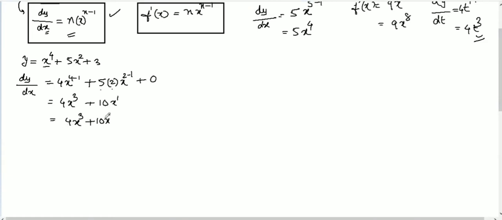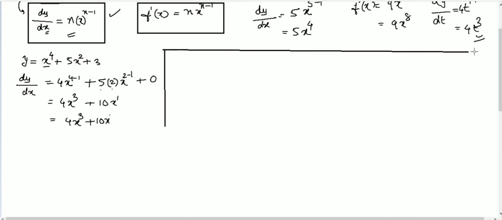Now I'm going to explain the chain rule by taking this example.